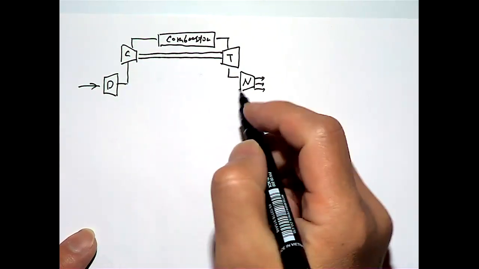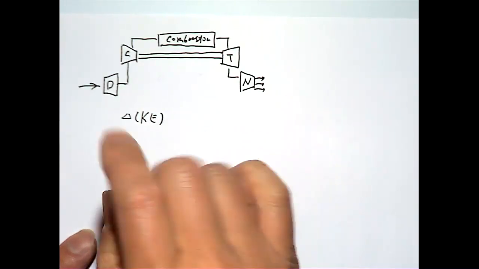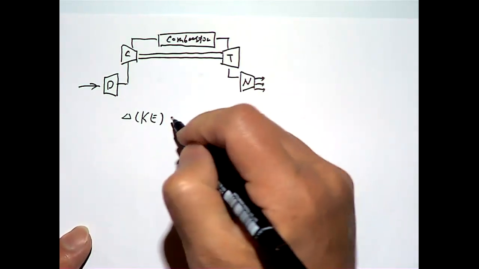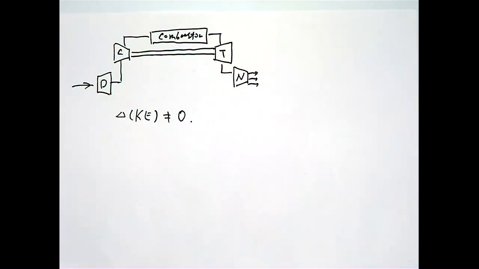So here, the kinetic energy change across the diffuser, and particularly across the nozzle, is not zero. So you have to consider the kinetic energy term on one side of this process, right?